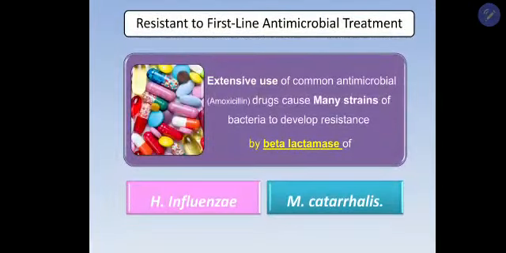The first line treatment, because in our part of the world the prescriptions are still not that well checked at the medical store or pharmacy levels, so people buy many antibiotics on their own and use them for a long time.